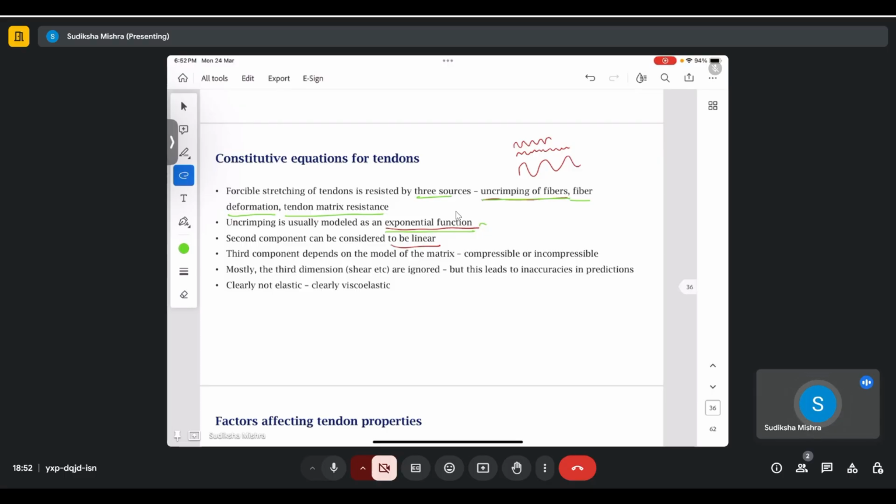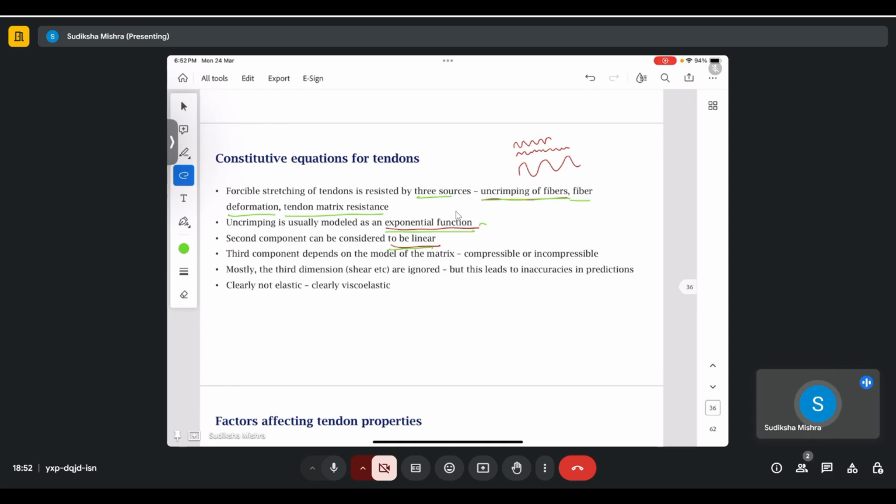Uncrimping can be modeled as an exponential function. The fiber deformation is considered to be linear, and the third component, the tendon matrix component, is more of a qualitative thing because it depends on the components of the matrix, whether the matrix is compressible or incompressible.